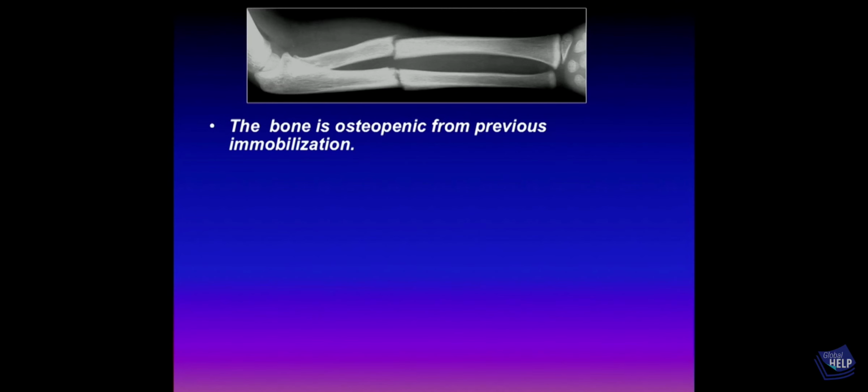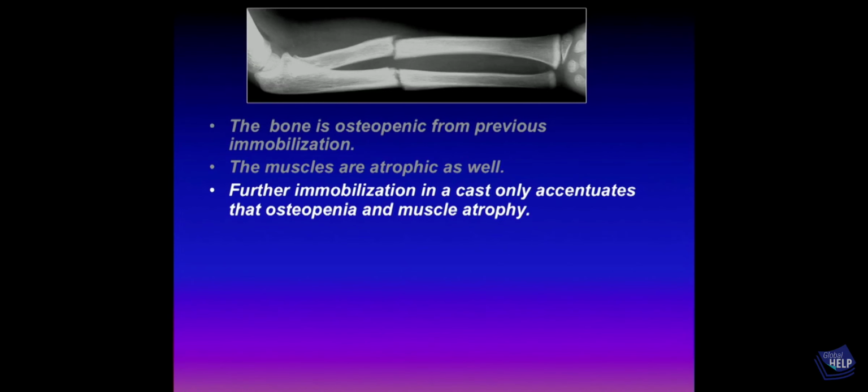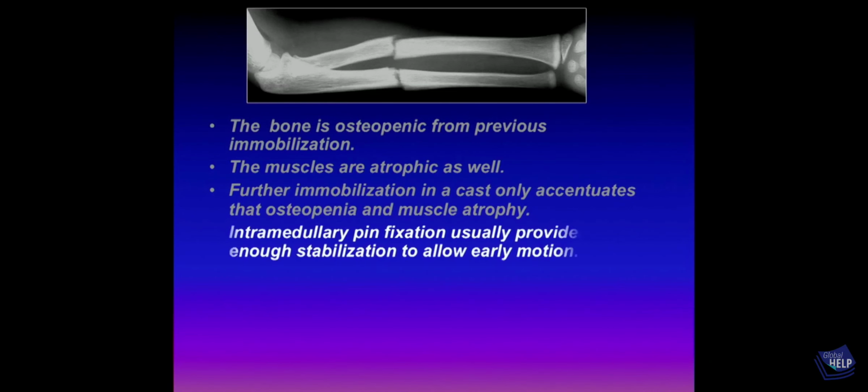So his bone is kind of osteopenic from previous immobilization, and that's one of the reasons he failed easily. His muscles are kind of atrophic, and he doesn't have a lot of support if he falls. And if you immobilize him again for another 8 weeks, that's just going to accentuate the osteopenia and muscle atrophy.